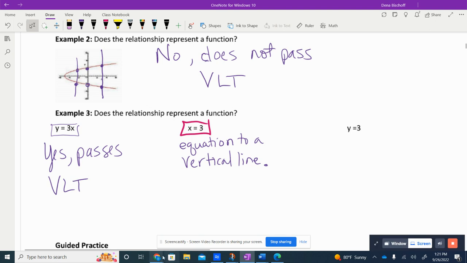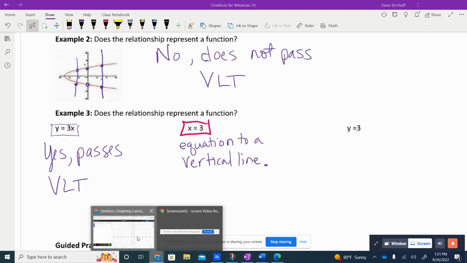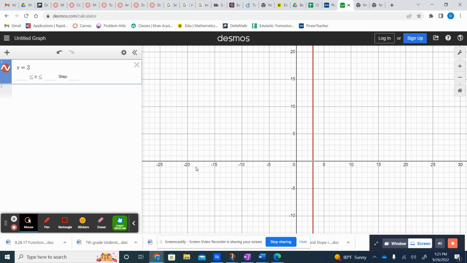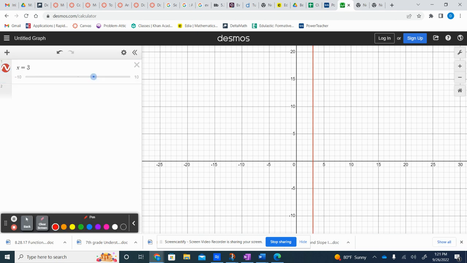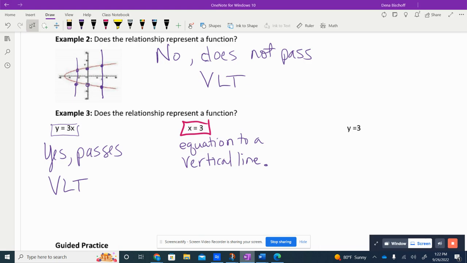Let's go back to that. If I were to draw a vertical line, how many times would I touch that graph? What if I drew the vertical line right here? How many times am I touching my graph? Infinitely many times, right? So does this pass the vertical line test? No, it does not.